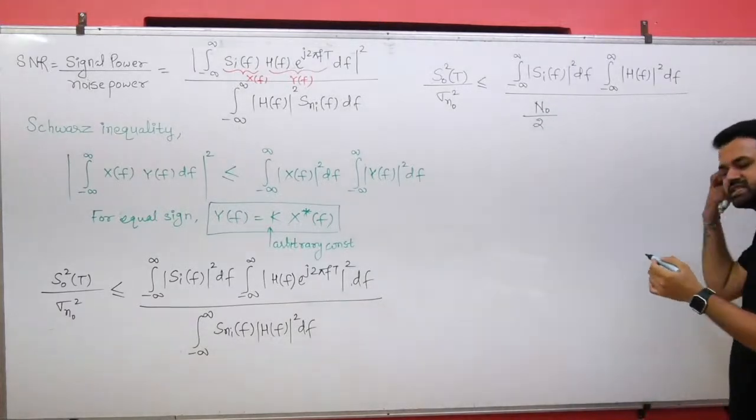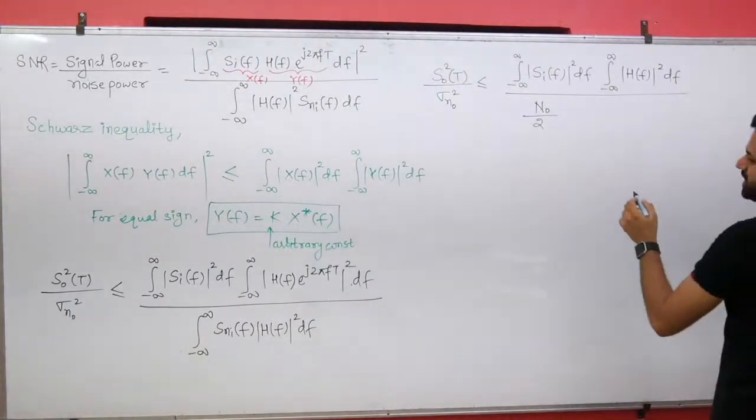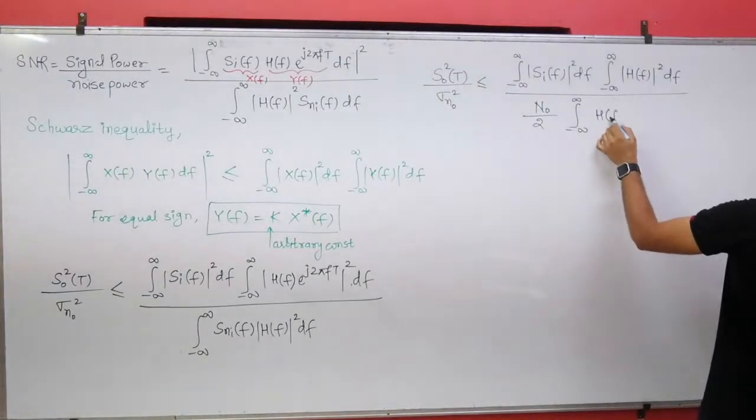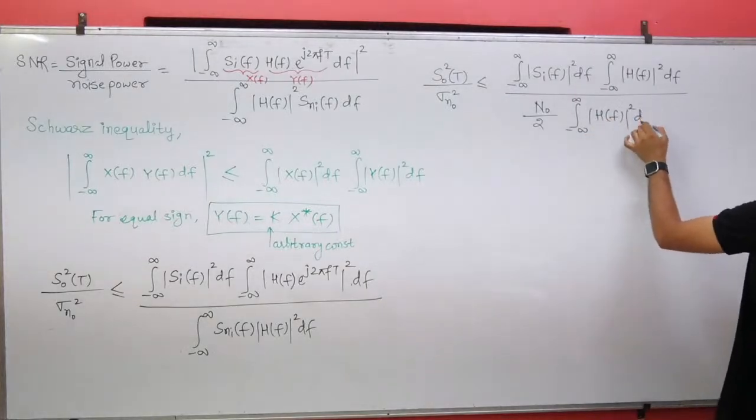The power spectral density of white noise is n naught by 2, and it will be the integral of h of f mod square df.